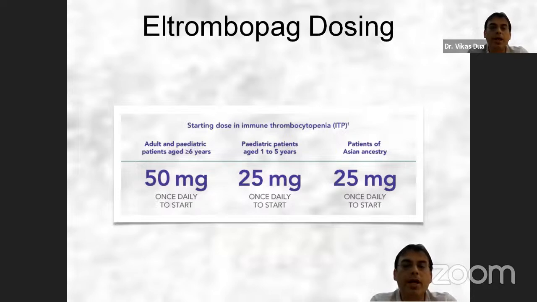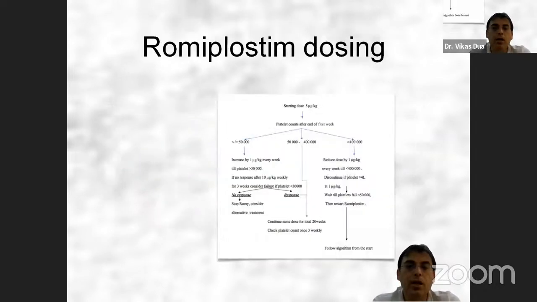This should not be taken with milk, because milk would chelate this medicine and not allow it to be absorbed, and it is always good to take this medicine at night. So let's say your child has dinner at around 8 o'clock at night, give this medicine at 10, then don't give him anything to eat after that.